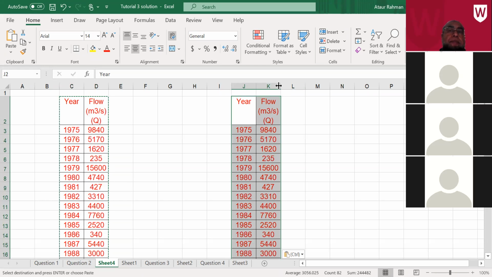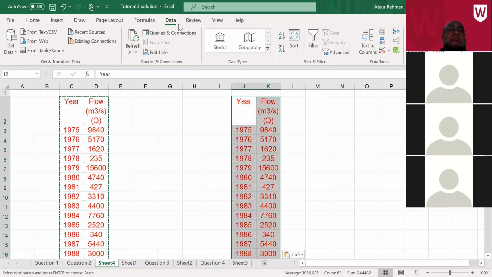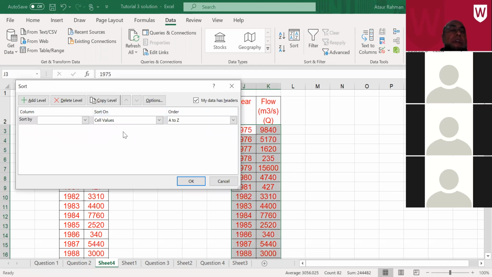We go to data and then we sort the data as per our flow, from highest to smallest, okay?